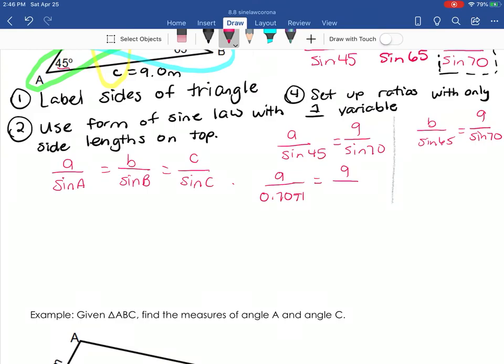So sine 45 is 0.7071. And sine 70 is 0.9397. Okay, so now this looks a little bit less scary. Now you continue on. And I'm going to do 9 divided by 0.9397.